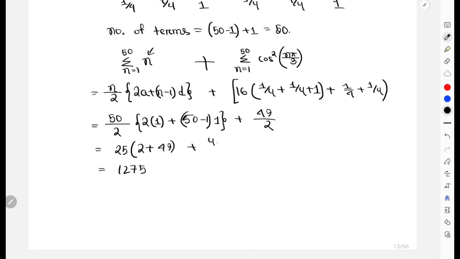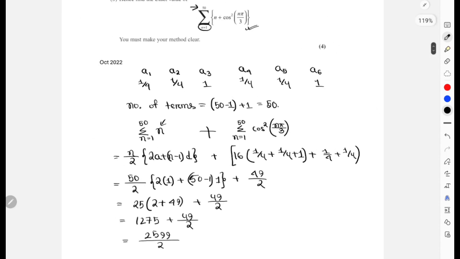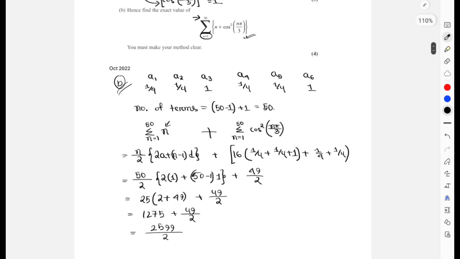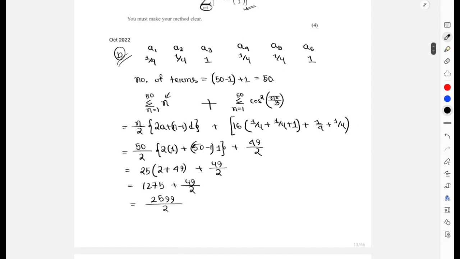So this is again 49 over 2. Finally, your answer would be 2599 over 2. And that is your final statement over here, the summation for all these cases. This is, I think, your part B, right? Yes. Okay, then we're done with this maths. Then we'll move on to your next maths.